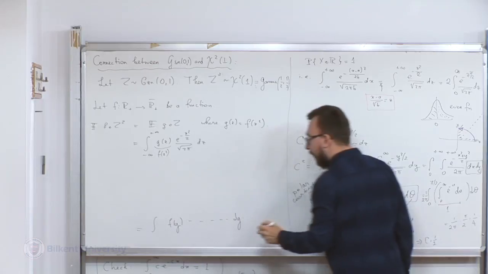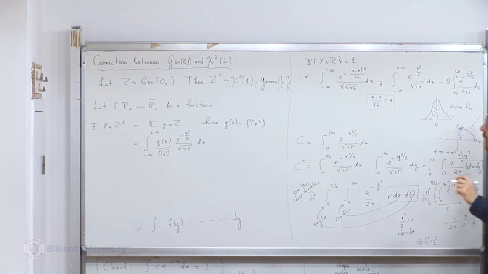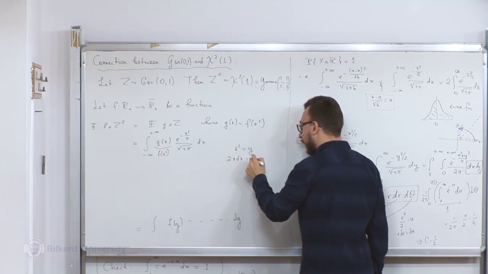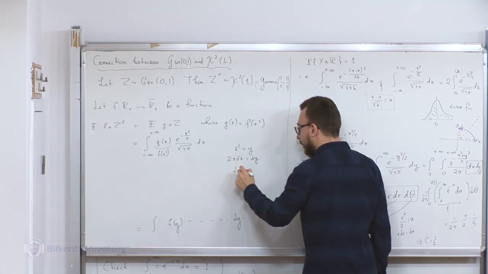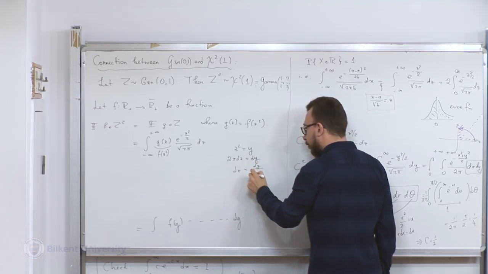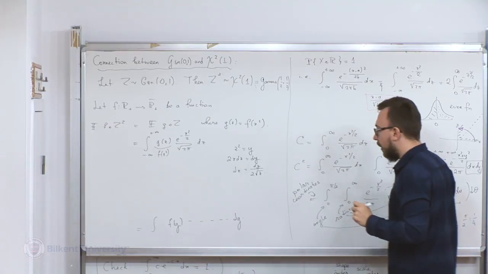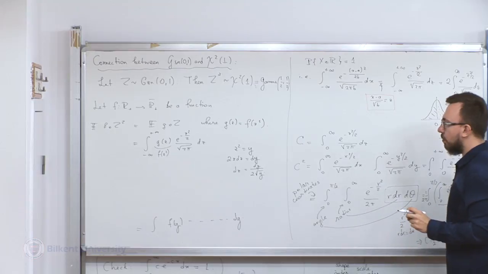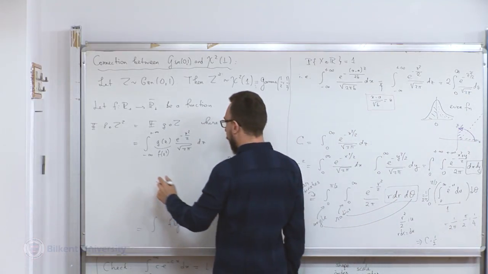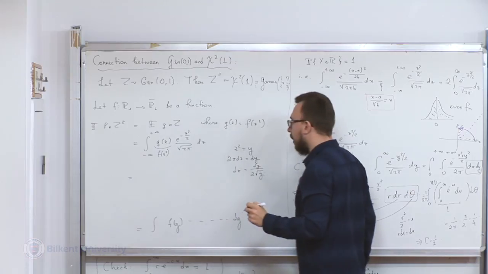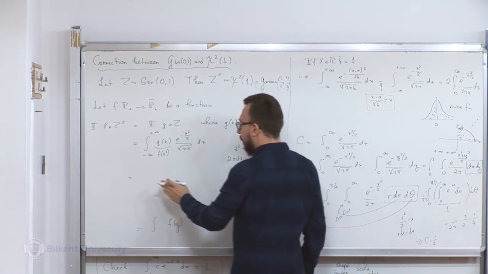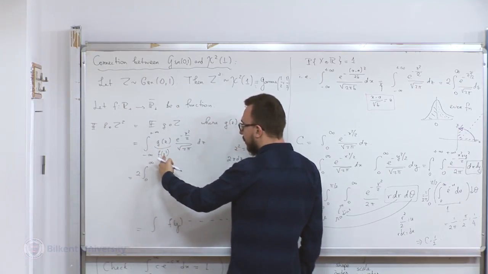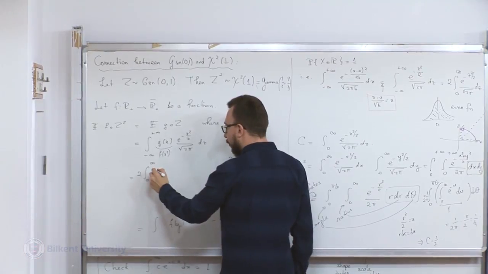Let's call it y, OK? So let Z squared be y, so that 2z dz is dy. Or dz is dy over 2 square root of y. OK, so maybe before doing that, I should have passed to 2 times the integral from 0 to infinity first, because that's an even function, right? There is Z square here, Z square here, so I can do it. Let's do it first.